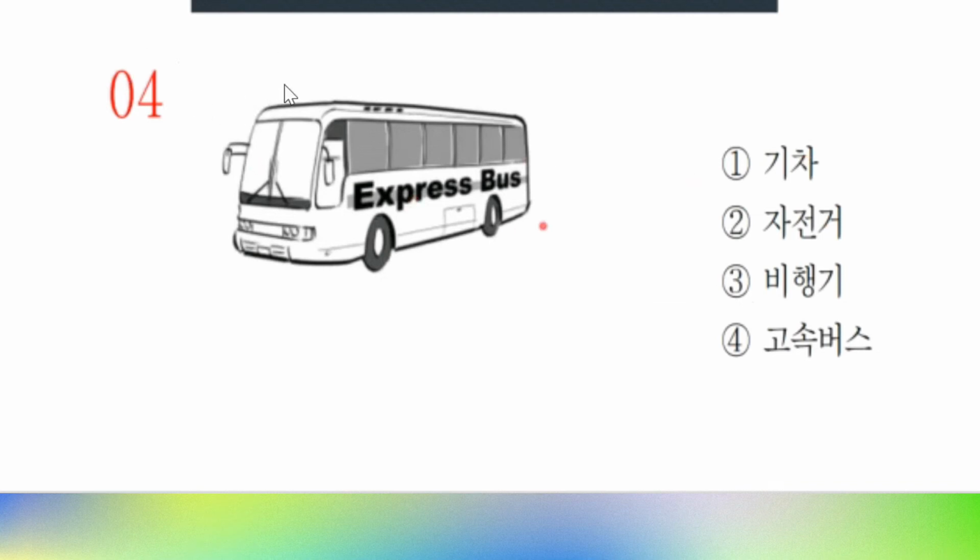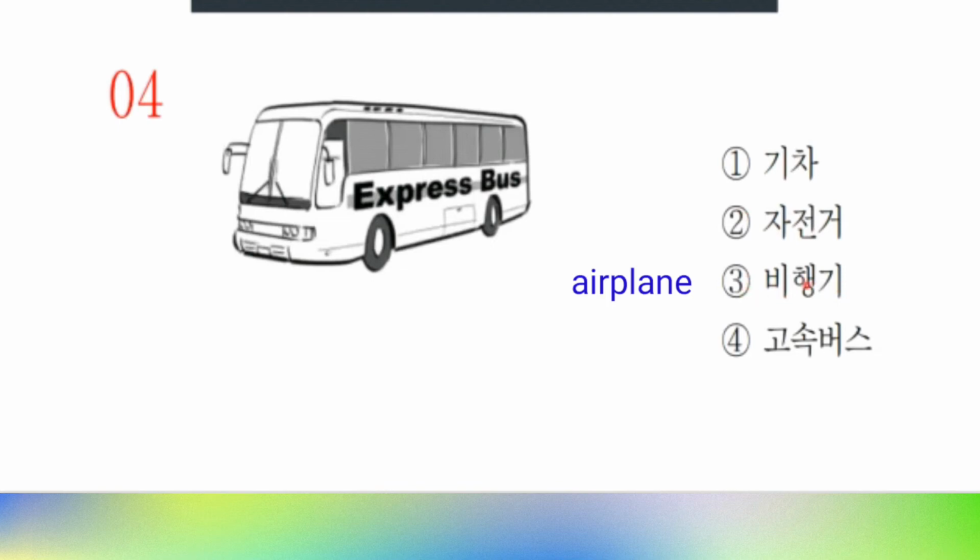Next. What is this? As you can see, may nakalagay na express bus. Okay. So number 1 is gita. Gita means what? Train. Number 2 is 자전거. 자전거 is bike, bicycle. Number 3 is bihengi.